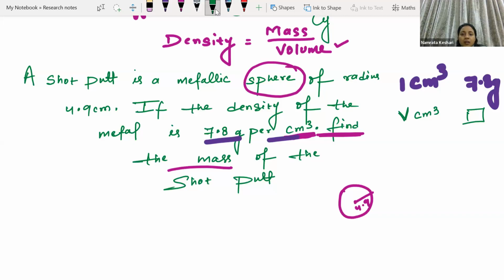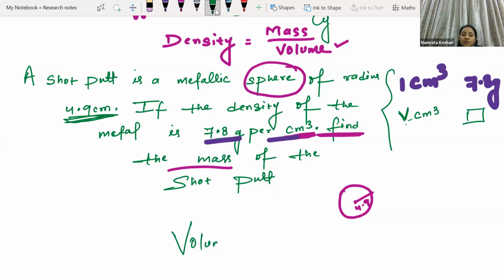So if you don't know this formula, then also you will be able to solve this question by unitary method. For 1 centimeter cube, it is 7.8 gram. So for whatever centimeter cube we'll be getting from here, for that much centimeter cube, we have to find the total mass in gram. Got it?